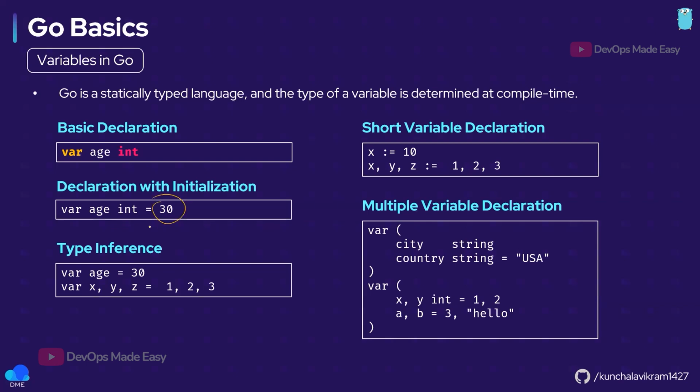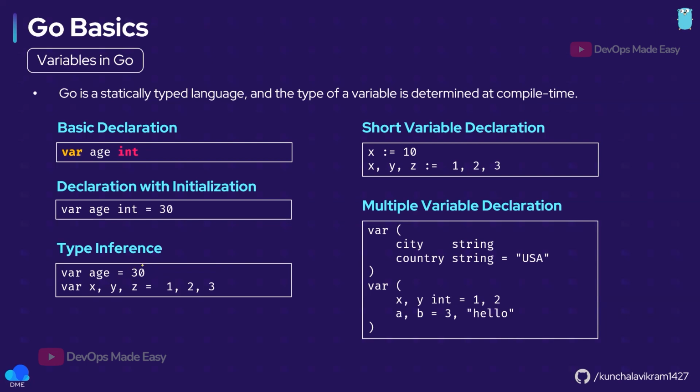Okay, also, you have the concept of type inference in Golang, which means if you don't mention the type of the data that a variable should hold, it will be automatically taken by Go itself, like var age is equal to 30. So here I'm not saying whether the age is integer or float. It will be taken depending upon the value. Okay, so 30 means it is an integer value. So it is something like var age int equal to 30.